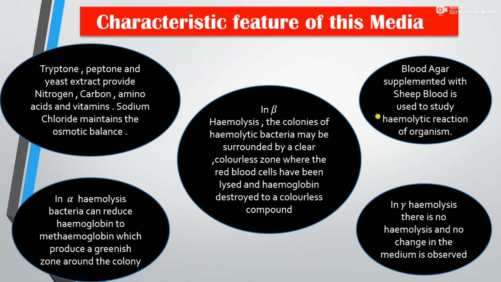Alpha hemolysis is the intermediate between beta and gamma, and hemoglobin is broken down to an intermediate product, methemoglobin, which produces a greenish zone around the colony. The nutritional requirements of the microorganism are fulfilled by tryptone, peptone, and yeast extract, which provide carbon, nitrogen, amino acids, and vitamins. Sodium chloride, as always, maintains the osmotic balance of the media.